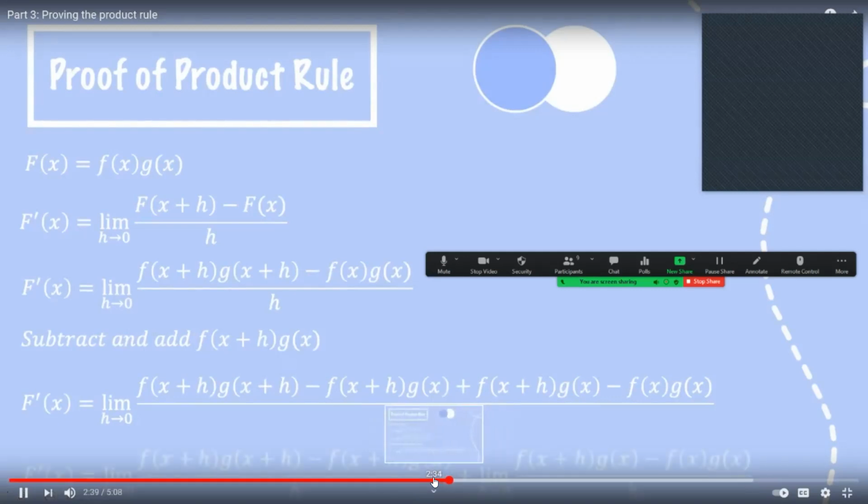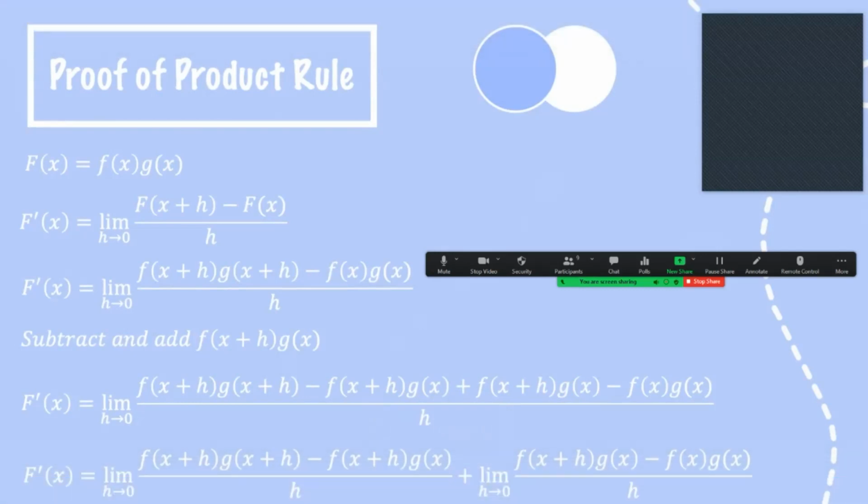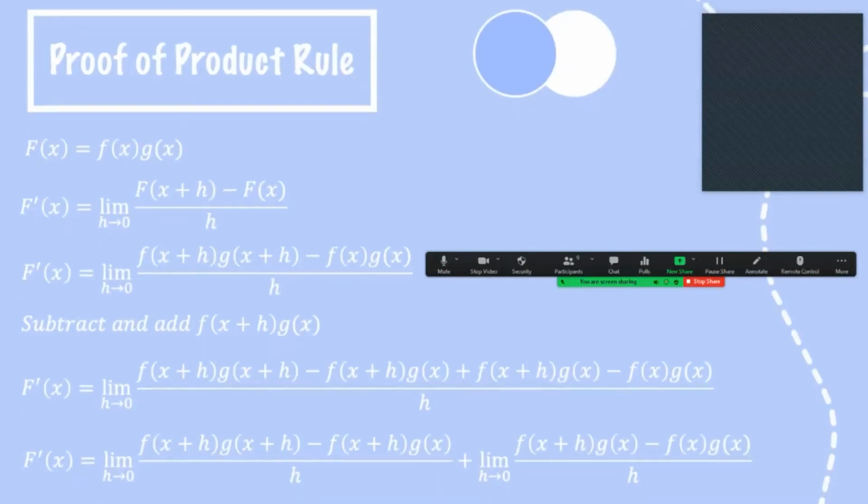Two different limits. So this becomes the limit as h goes to 0 of [f(x+h)g(x+h) minus f(x+h)g(x)] divided by h, plus the limit as h goes to 0 of [f(x+h)g(x) minus f(x)g(x)] divided by h.